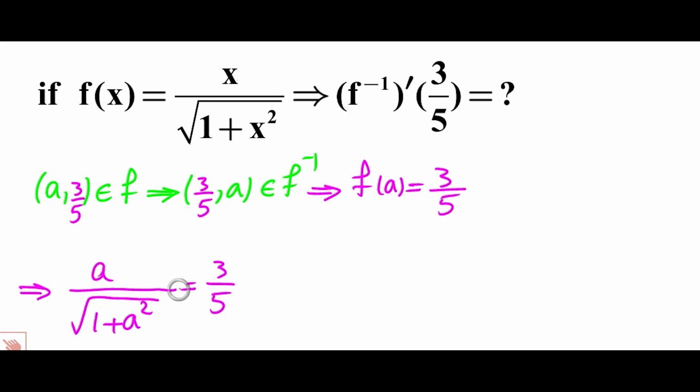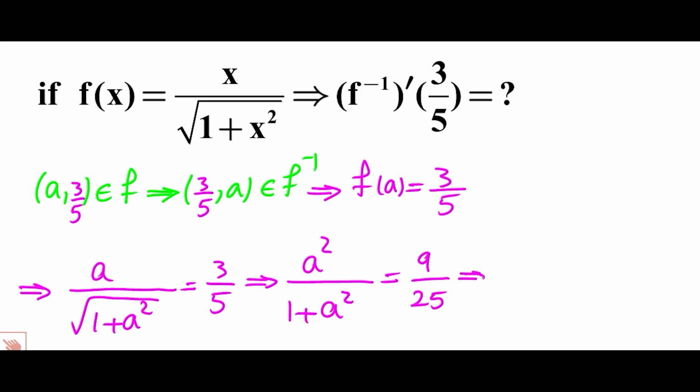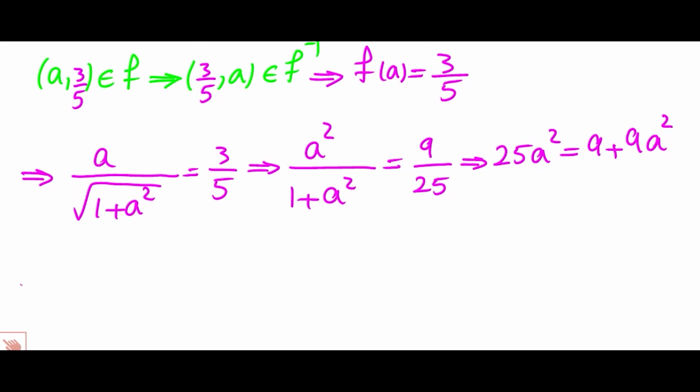To solve this, let's square both sides, meaning a squared over 1 plus a squared is equal to 9 over 25. So cross multiply, meaning 25a squared is equal to 9 plus 9a squared. So we have 25a squared minus 9a squared, which is 16a squared, equal to 9.